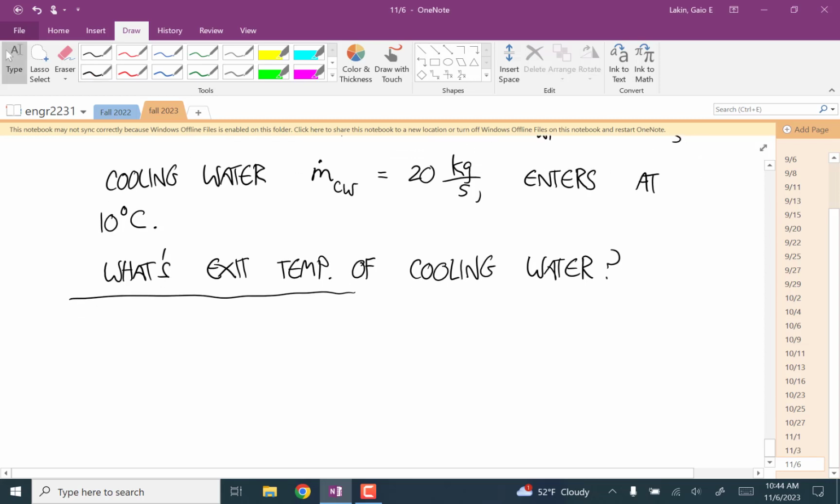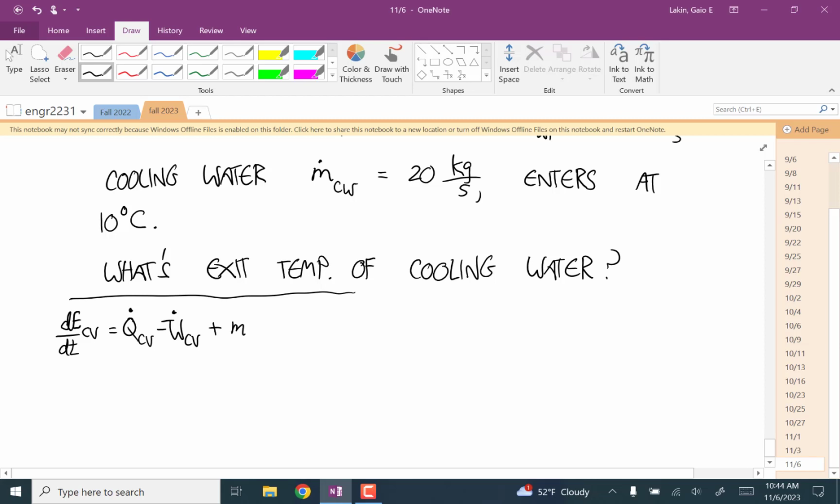Well, I'm going to start with this whole big ugly thing, and then we'll cross stuff out. So we're using the first law for control volumes. dE dt is equal to Q dot for the control volume minus W dot for the control volume plus the mass flow rate.